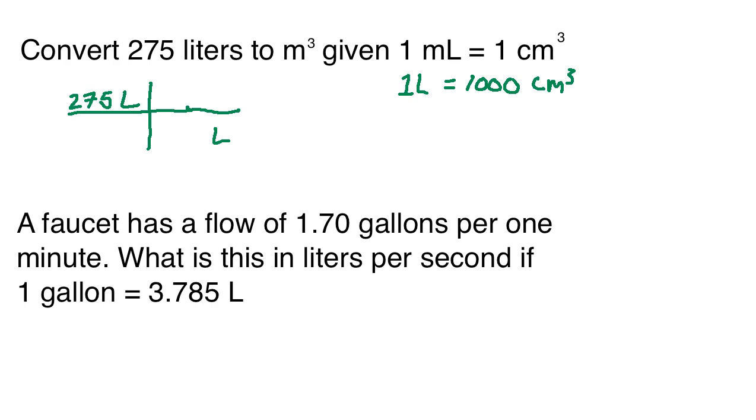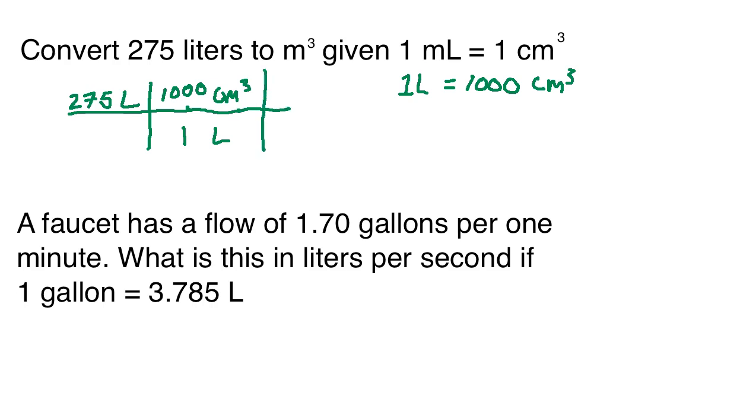So 1 liter would be 1,000 milliliters, and that would mean that if 1 milliliter is equal to a centimeter cubed, 1 liter is equal to 1,000 centimeters cubed. So what I can do is say that 1 liter is going to equal 1,000 centimeters cubed.